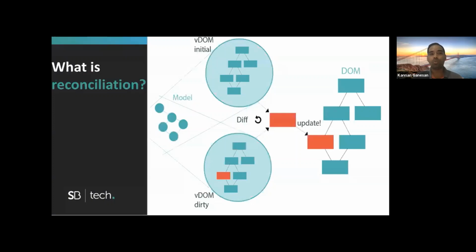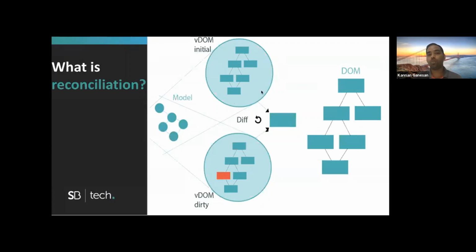This is a visual representation of how this virtual DOM happens. Here you can see there's a change in the model. Model denotes the current state of my component. When an action triggers, such as setState, React creates a virtual DOM, which is a dirty virtual DOM, and it will compare that with the initial virtual DOM, which is the previous state of my virtual DOM.